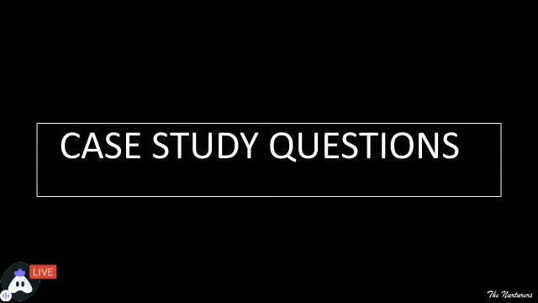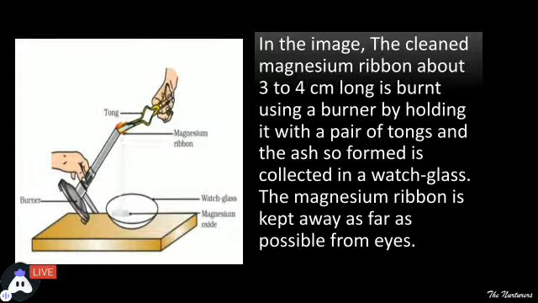Okay, fine. So the very first question is the case study question, and as you can see in the image, the clean magnesium ribbon, about 3 to 4 centimeter long, is burnt using a burner by holding it with a pair of tongs, and the ash so formed is collected in the watch glass.